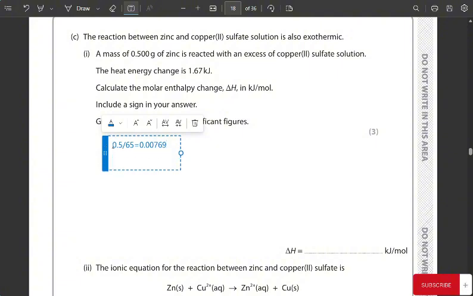And for finding the molar enthalpy change, we should divide the heat energy change by the moles.